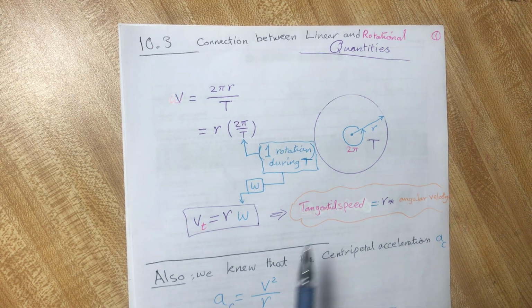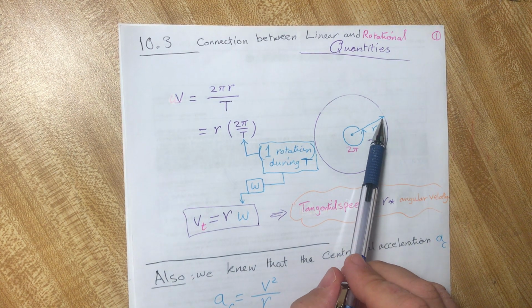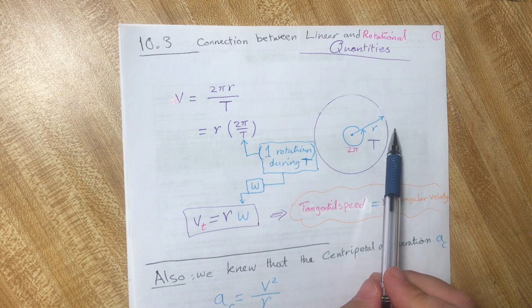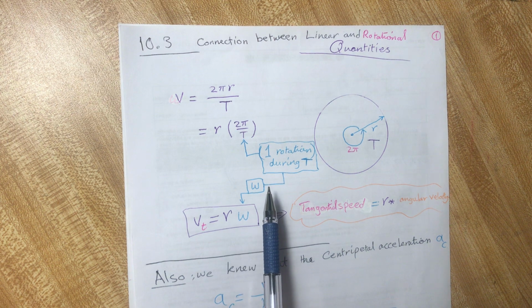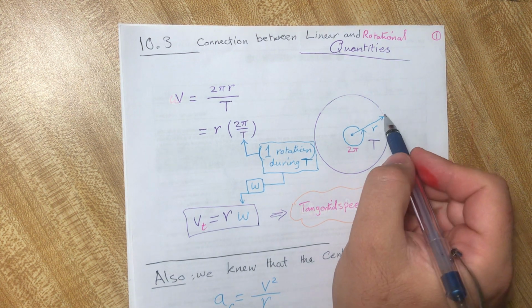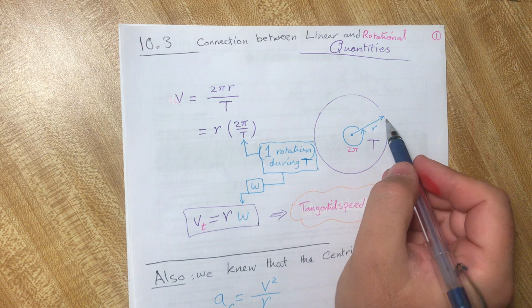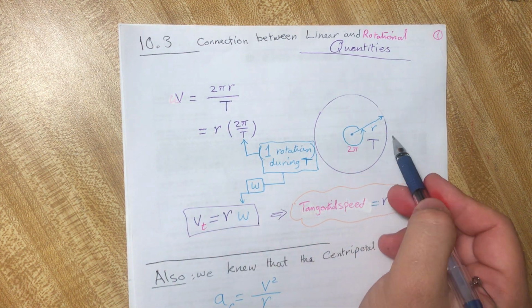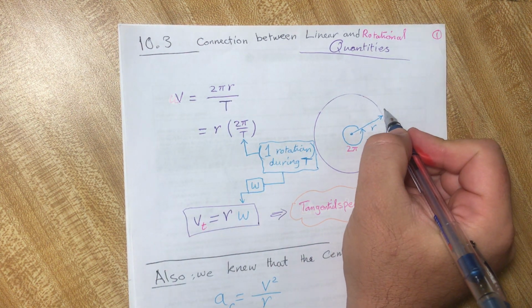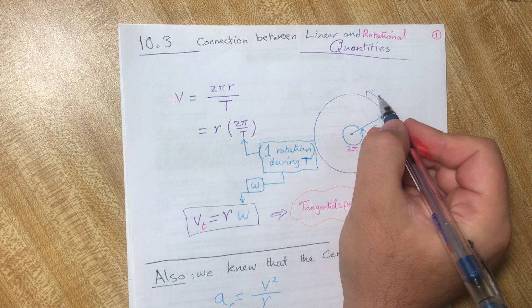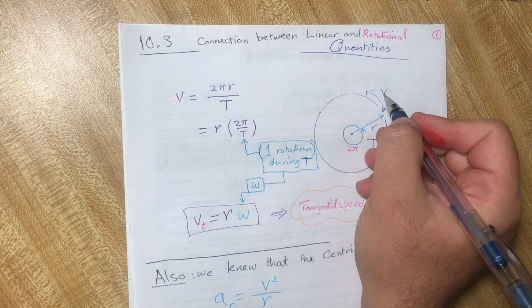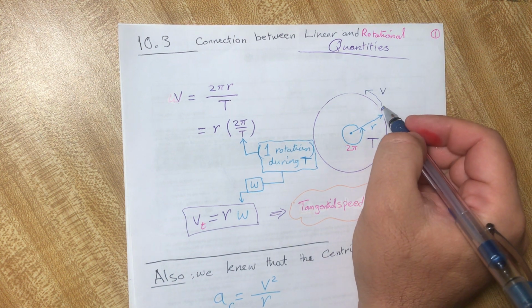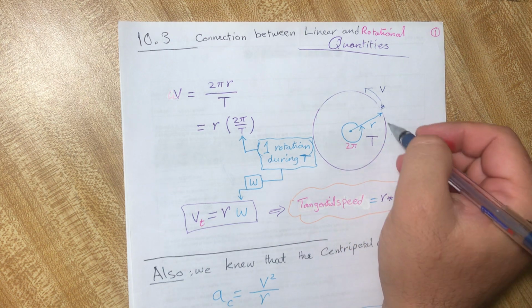Look, if we make a full rotation around a circle with radius r, then the total circumference will be 2πr. If there is a body moving with a velocity v, then its velocity is equal to the total distance divided by the time.